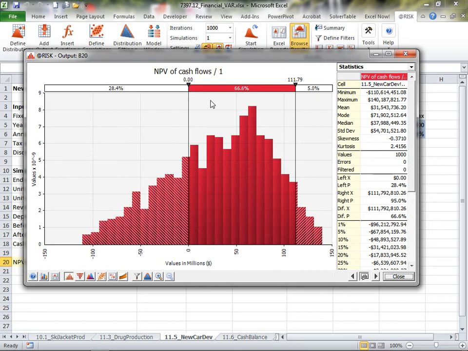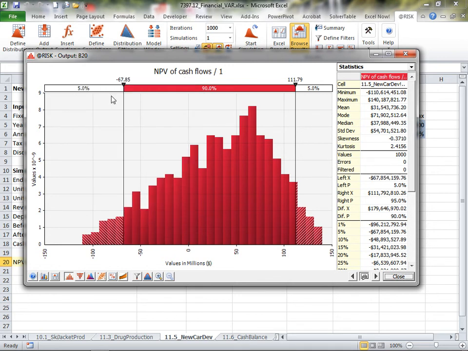What that also means then is that if you have, in this case, put this back at 5%, if you have a value at risk of negative 68 million, that does not mean you're actually going to lose $68 million, right?